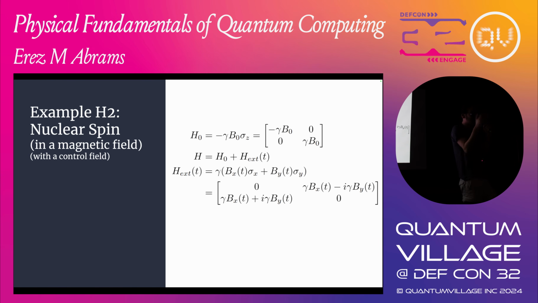This nuclear spin acts like a tiny bar magnet, and we have it in this big magnetic field, so it wants to align with that magnetic field. That's this low energy state. Alternatively, it could be unaligned. That sucks. Higher energy, right? So that's our field-free Hamiltonian. It just doesn't have a time-dependent component.